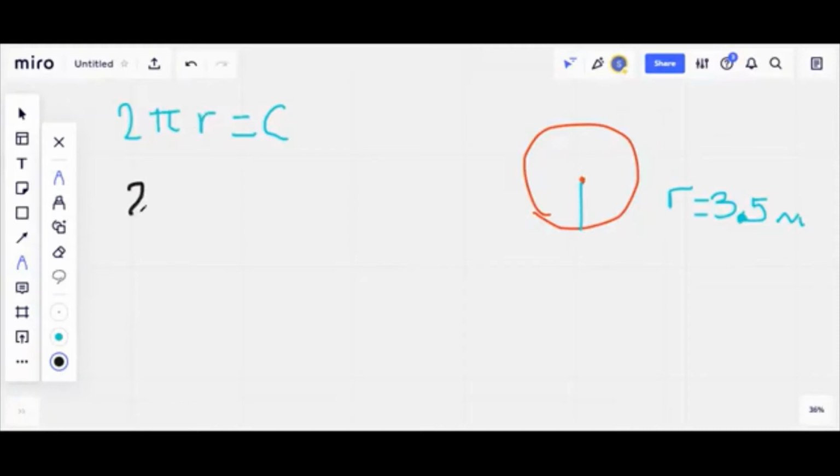So we'd have 2 here multiplied by pi, then again multiplied by 3.5.